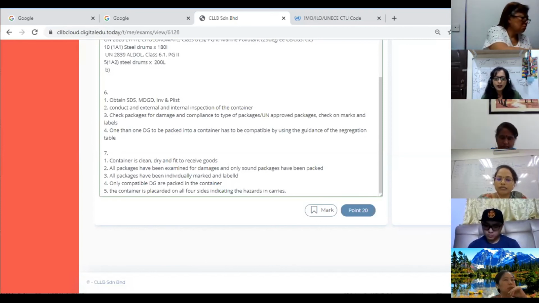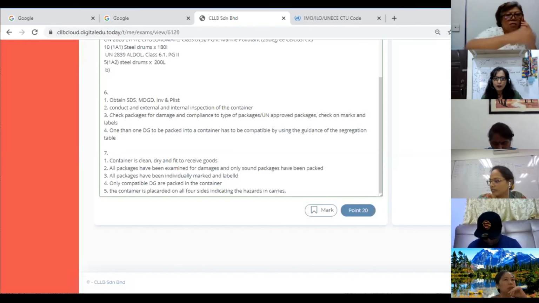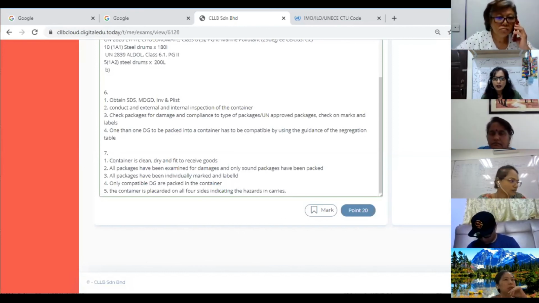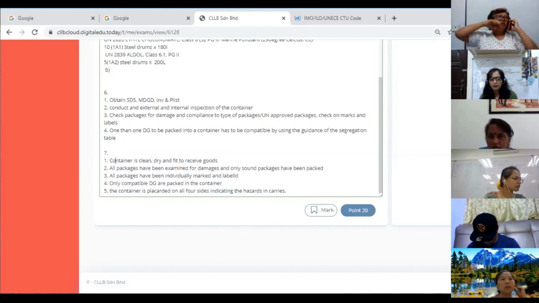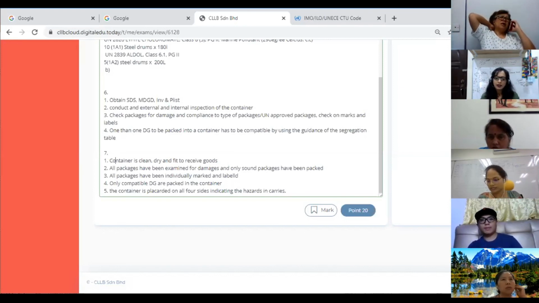So when they go to pick up your cargo from your plant, if you are not using the proper packaging, the marking and labeling and all that, they have the right to reject it. Similarly with the CPC surveyor checks, if they say your cargo is incompatible, you cannot pack it in the same container, they will refuse to sign the CPC.